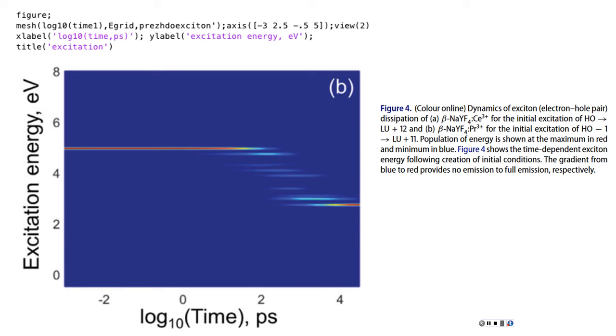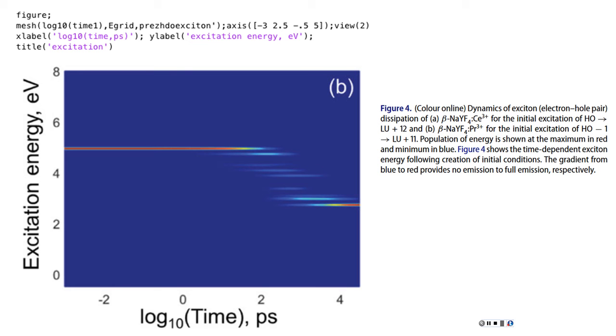For example, if you have initial conditions from LUMO minus x to LUMO plus x, from LUMO plus x to HOMO minus x, then as time goes by, finally you will have a transition from LUMO to HOMO. So it's the probability of an excitation at a given energy to exist at a given time. Right, so it's just an electron hole pair.